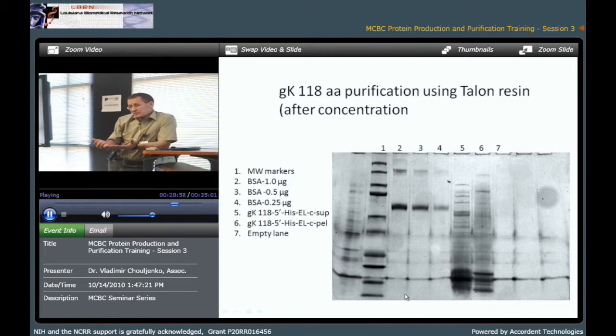The main problem with resins is capability: 1 mil of Talon resin from Clontech, which I use for this purification, can bind up to 3 milligrams of protein. You definitely do not have 3 milligrams of protein, and if you are using very big volumes, you cannot, because the ratio between resin and volume of your protein solutions cannot be more than 1 to 500, maybe 1 to 100 maximum.